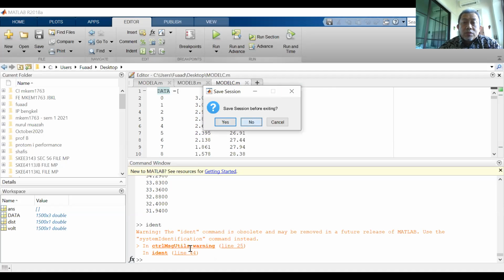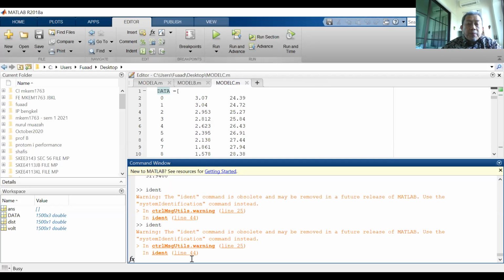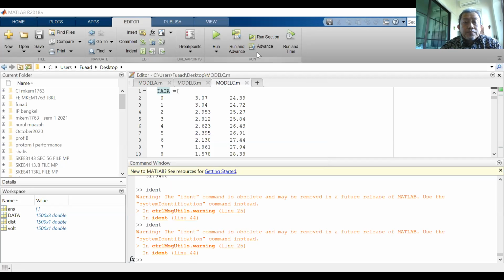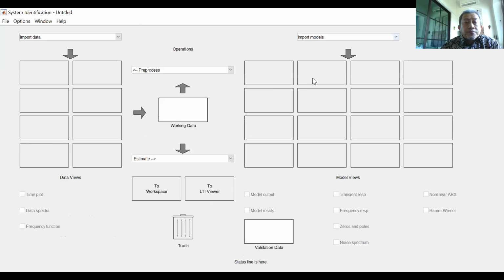Kita buka yang baru. Ident. Nampak? Nampak, bro. Okay. So time domain data.